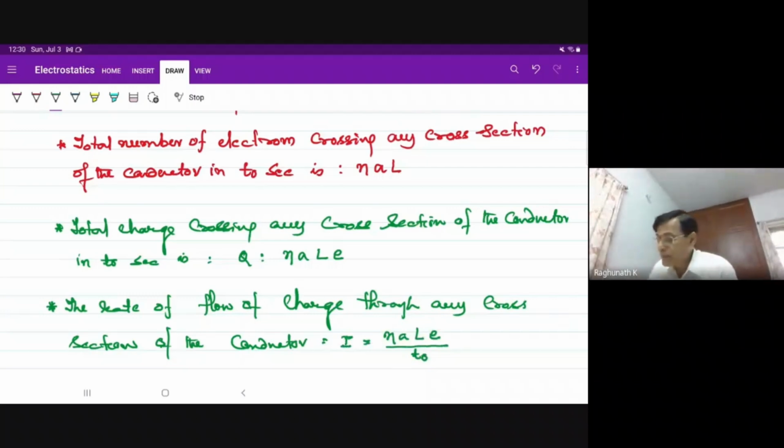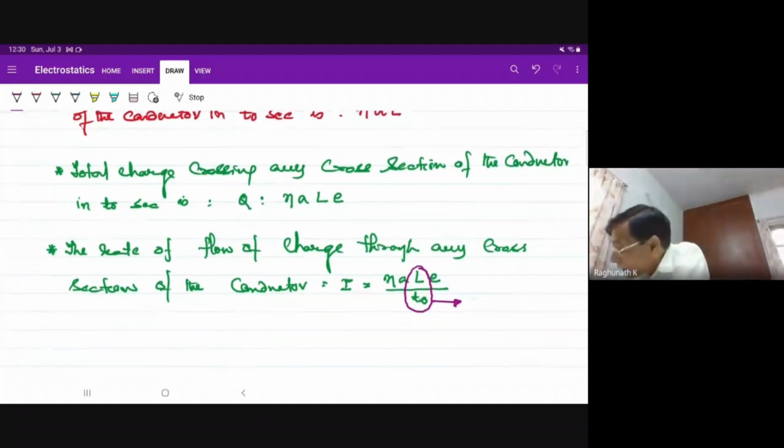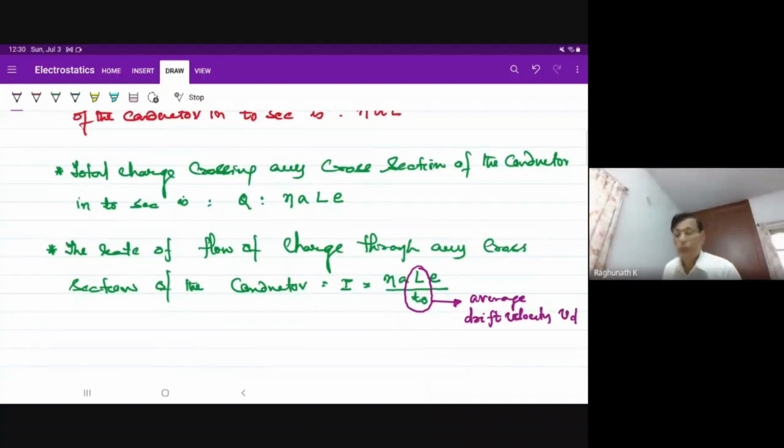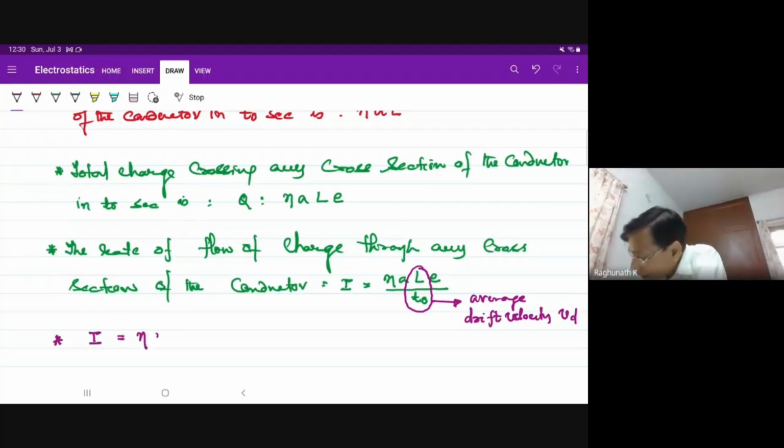In this, L by t naught is the distance traveled by the electron per unit time, which is what? Average drift velocity vd, because of which the current I through the conductor is nAe vd.